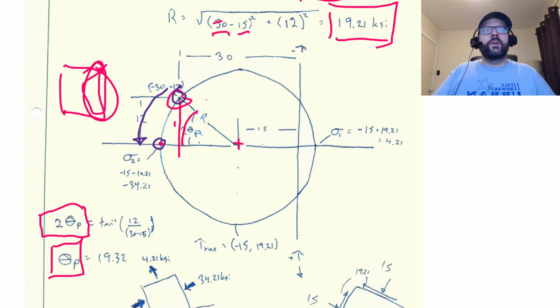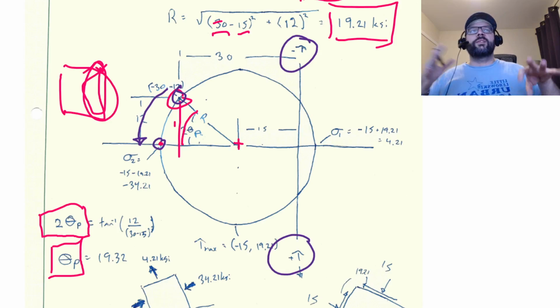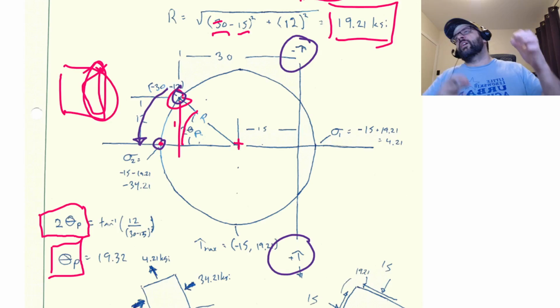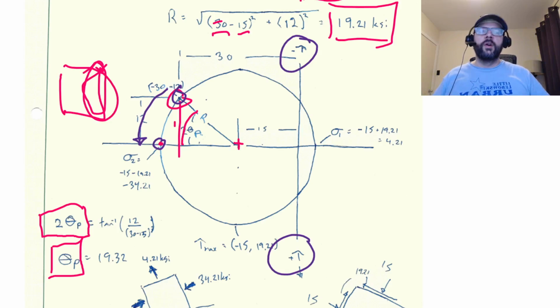Because we are going from this point to this point, we are rotating in the same direction as you're rotating on Mohr's circle. So we're going counterclockwise here, and counterclockwise here. That's the reason why on Mohr's circle you have the negative shear stress increasing at the top and the positive shear stress increasing to the bottom. Otherwise, you'd have to rotate in the opposite direction from what you do on Mohr's circle, which would be annoying.